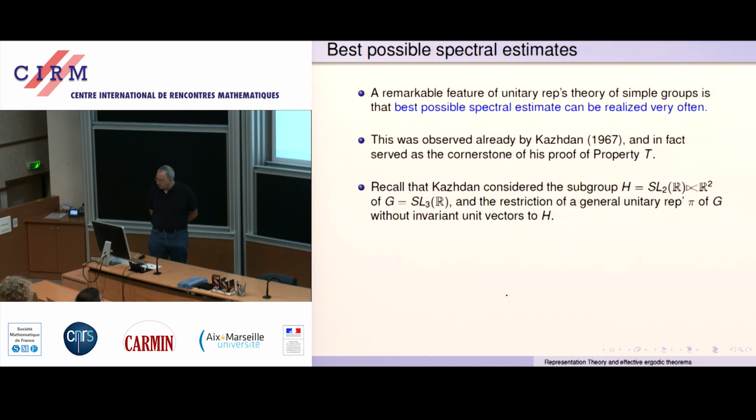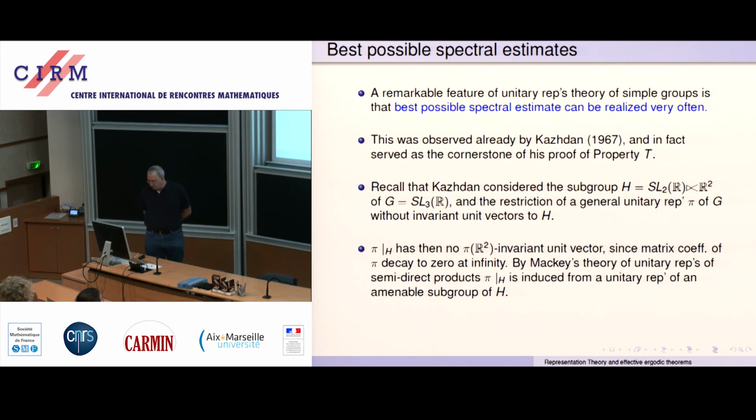And so let's recall that Kazhdan considered the group H, which is the semi-direct product of SL2(R) with R^2. And he viewed it as a subgroup of SL3. And he considers the restriction of a general unitary representation pi of G without invariant unit vectors to H. That was the beginning of his proof.